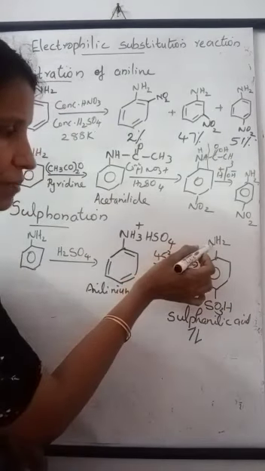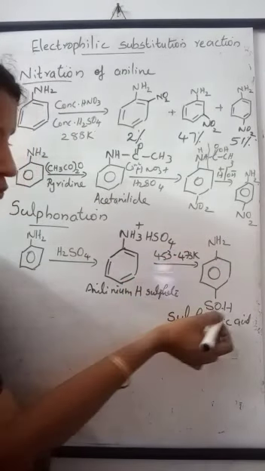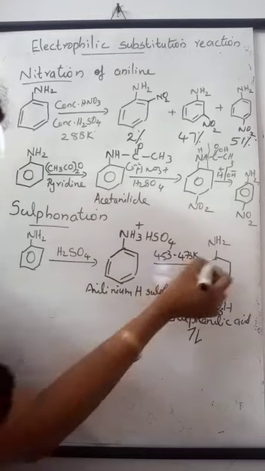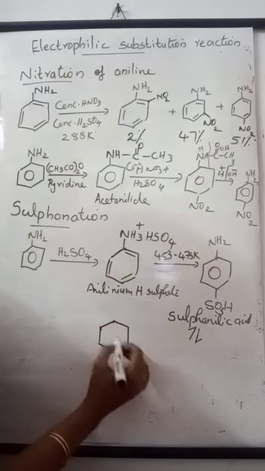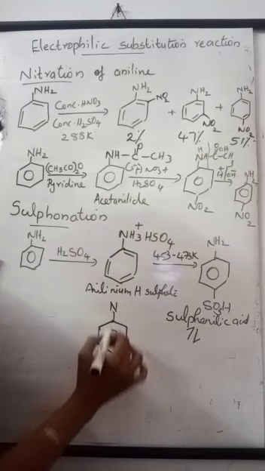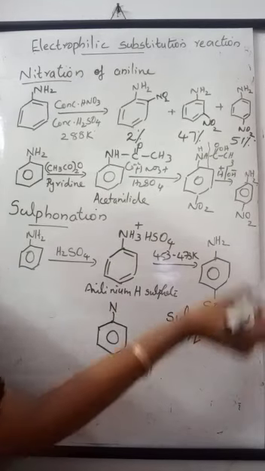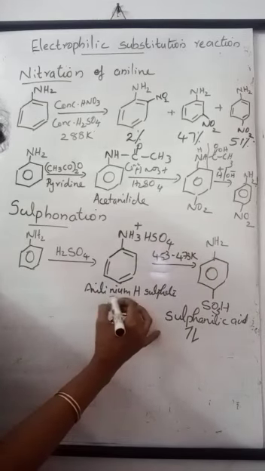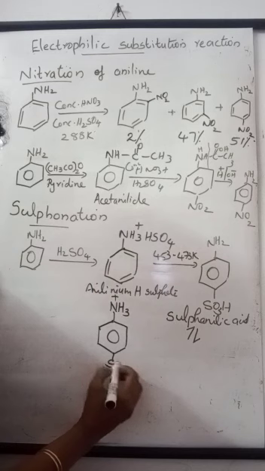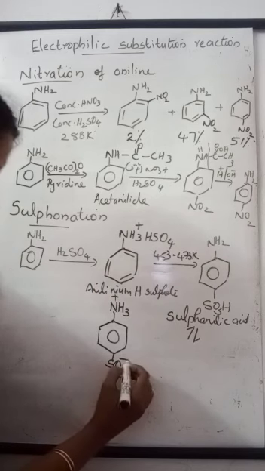The NH2 group being basic would accept the proton from here and form NH3+. So sulfanilic acid is in equilibrium with another structure in which the hydrogen atom of the sulfonic acid group migrates to the amino group, and NH2 becomes NH3+, and SO3H becomes SO3-.